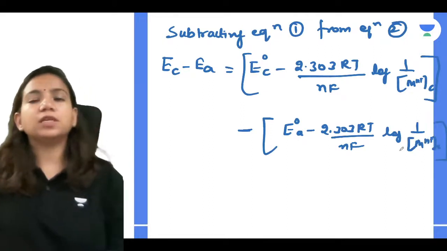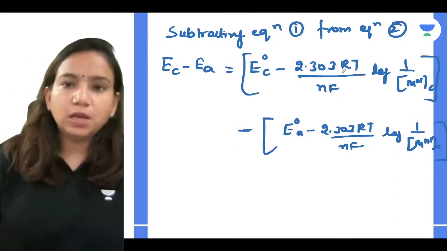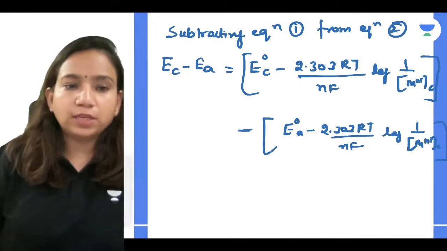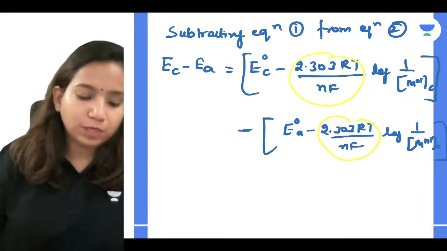Very good. So this is what I am subtracting. It's very simple. Here this whole thing is common, so I can just write the equation on the basis of that.